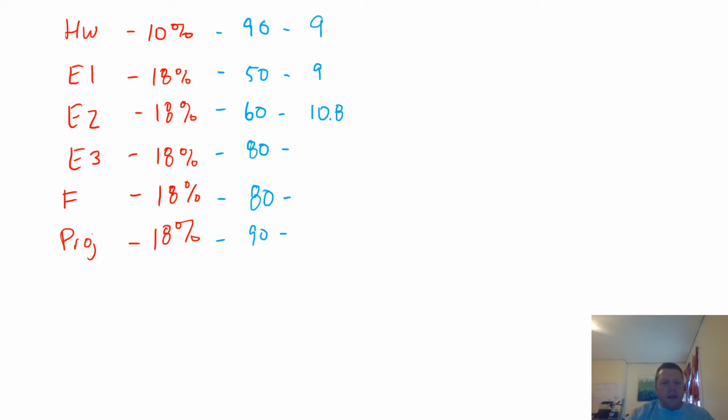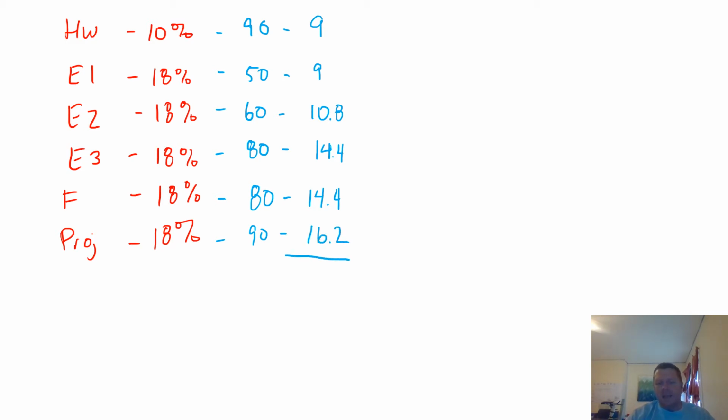And 80 times 0.18 is going to be a 14.4. Their final exam, 80 times 0.18, is going to be a 14.4, and then that 90 that they got on their project is going to be a 16.2.